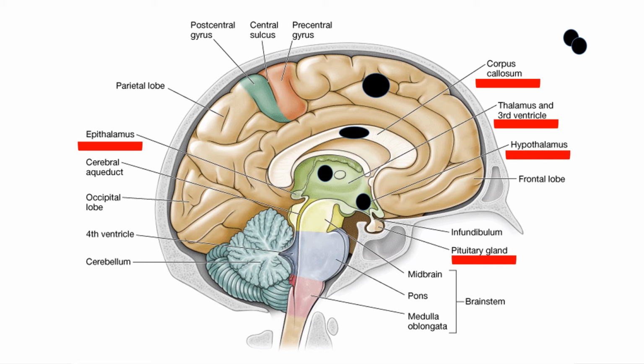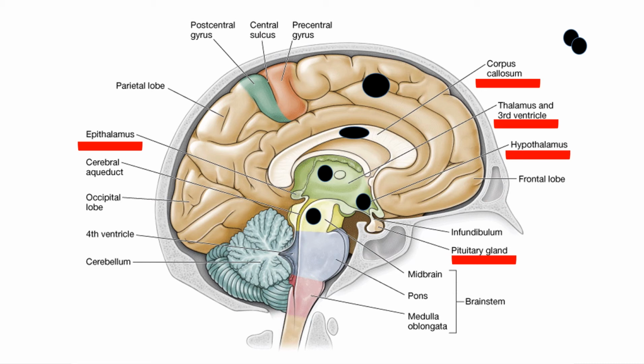Then posteriorly we have the epithalamus. We are not going to talk about the epithalamus, except that it has the most posterior part, which is called the pineal gland, which is concerned with the biological clock of the body. Then we come to the brain stem.